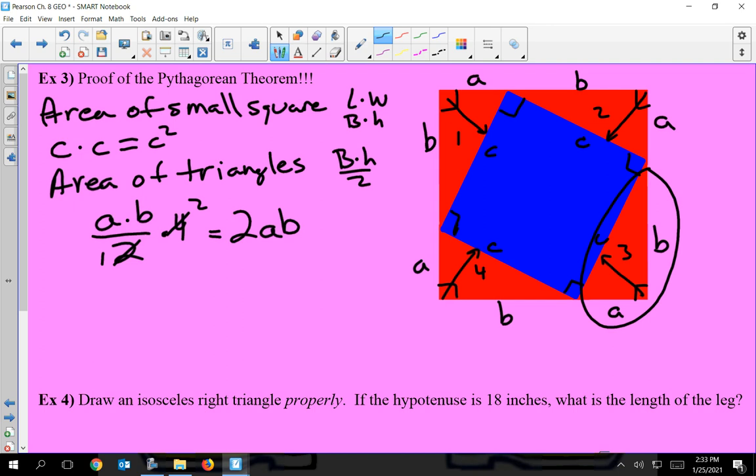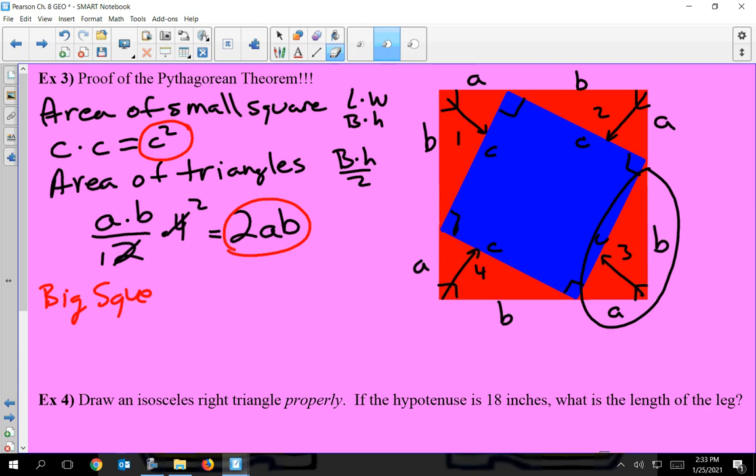I found the blue square and I found the 4 red triangles. So here was the blue square, here are the 4 triangles, and really I could say the big square is equal to the small square plus the 4 right triangles. Okay, the 2 things I found earlier.